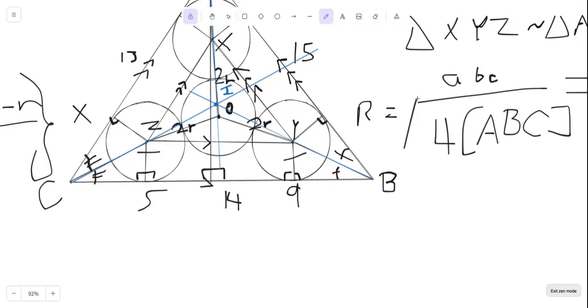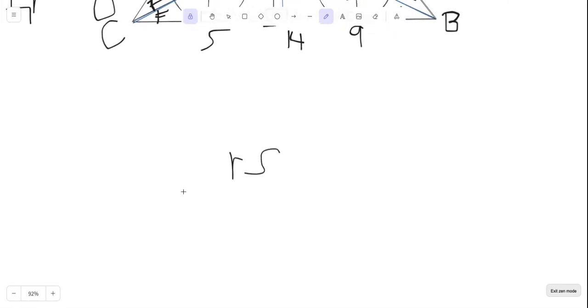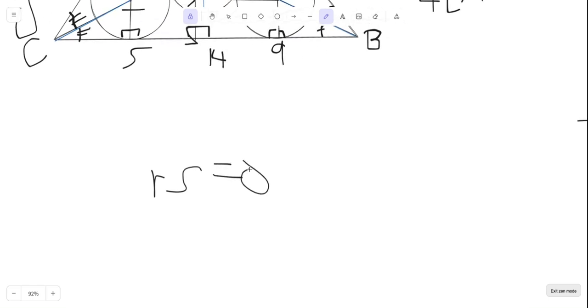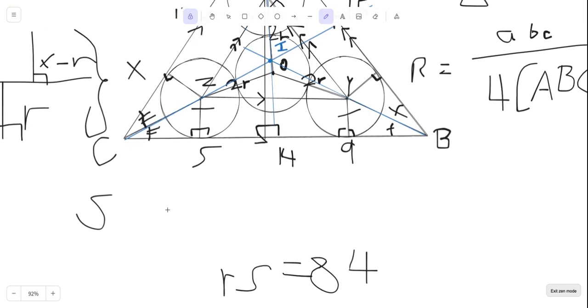The total in radius of the bigger triangle. So we can use the area equals r times s, which we found is 1/2 times 14 times 12, which is 84. And the semi-perimeter is 13 plus 14 plus 15 over 2, which is 21.